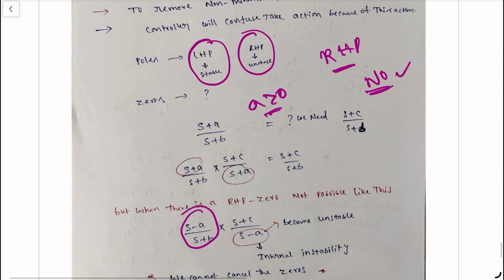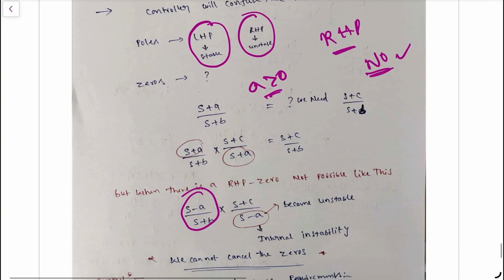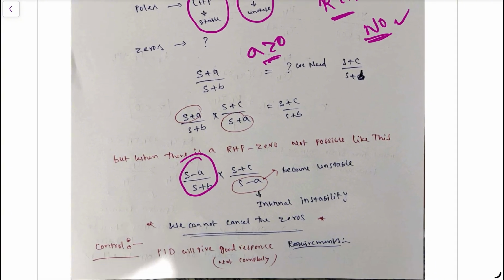Then the zero is in the right half plane. If the controller tries to cancel it using (s plus c) by (s minus a), then the controller introduces a right half plane pole, making internal instability possible. So we should not cancel this right half plane zero.